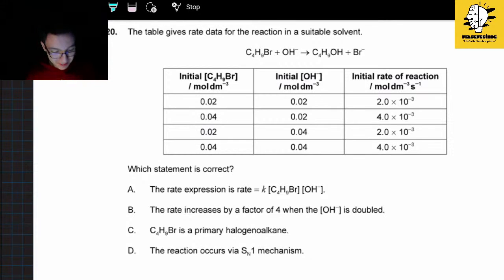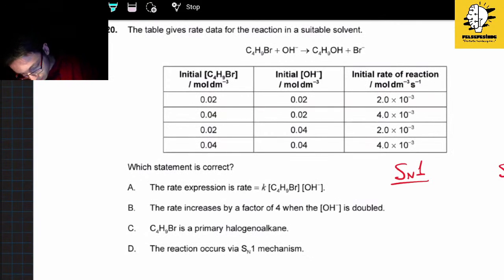So, question number 20. Which statement is correct? Okay, so let's remember one thing, please. As I will write it in red, SN1 and SN2. As you may remember, in SN1 reactions, since this was a first order reaction, we did not have the impact of the concentration of hydroxide in our rate expression.